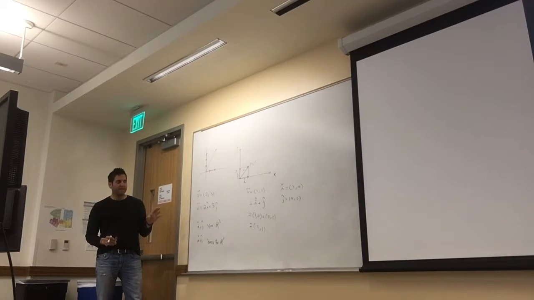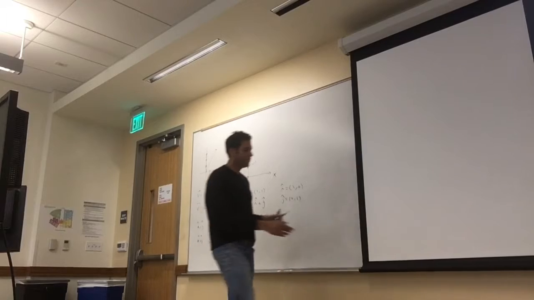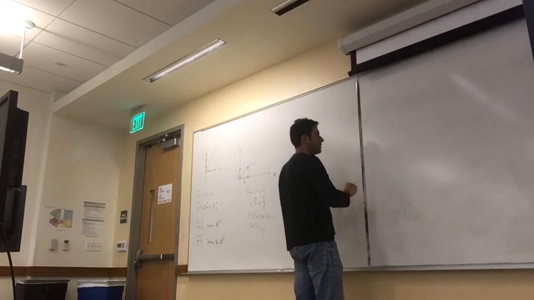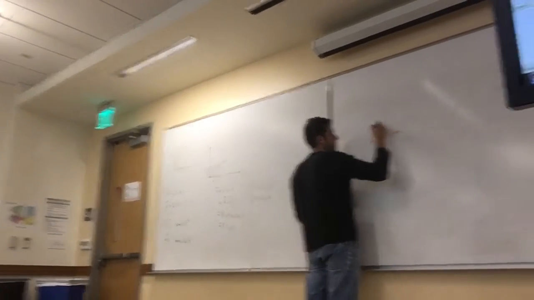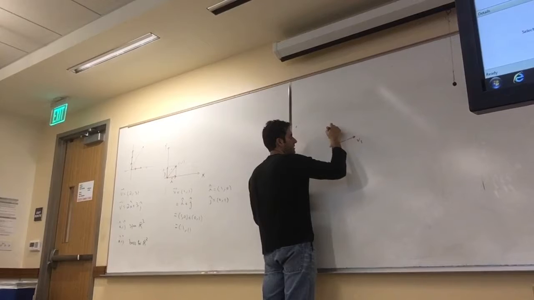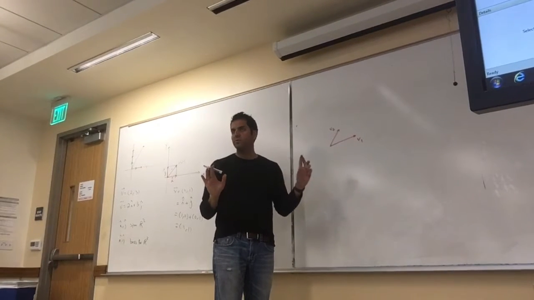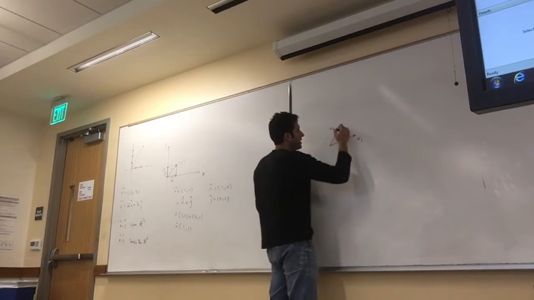Now, say someone comes and gives you 2 vectors, v1 and v2, and says I can actually span my R2 using these 2 vectors. How? I can combine them like this.